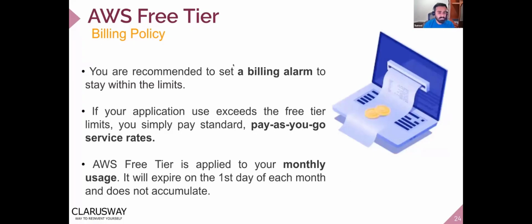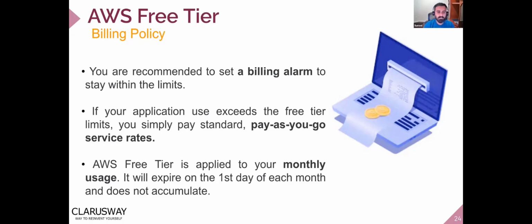And what is a billing policy? At the end of the day, we need to pay for what we are using, right? That's the whole concept of cloud. So we will be creating a billing alarm to stay within our limits. For example, we can set an alarm saying that your usage went up to $5 or $1. Whatever threshold we set, if the usage goes above that, we get an alarm.